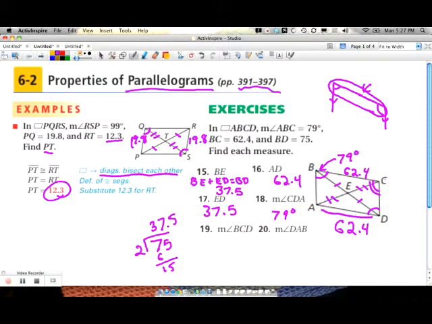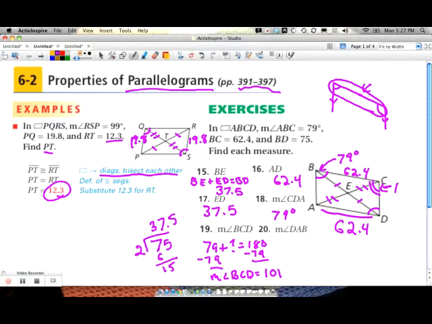So if this is 79, that means whatever BCD is, that needs to add up to 180. So 79 plus something equals 180. If I subtract 79 from both sides, I get that the measure of angle BCD equals 101.